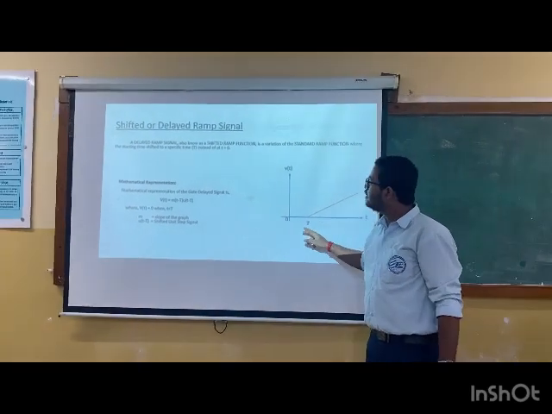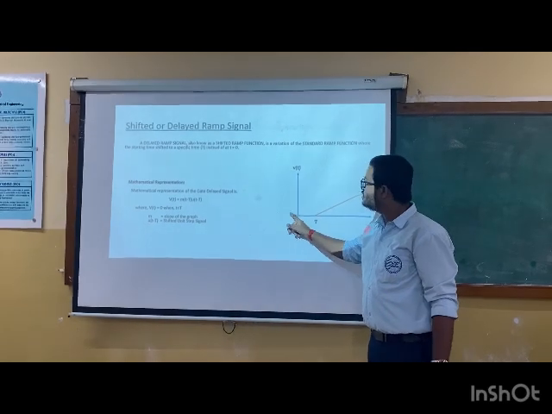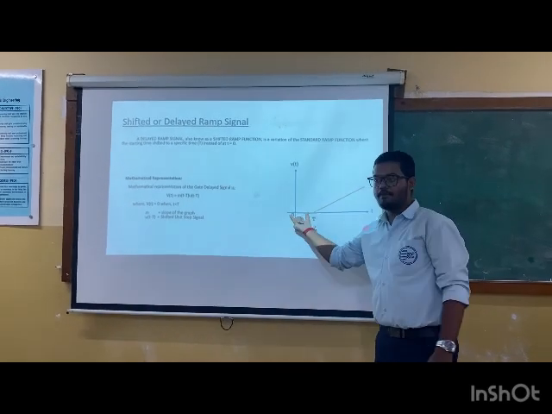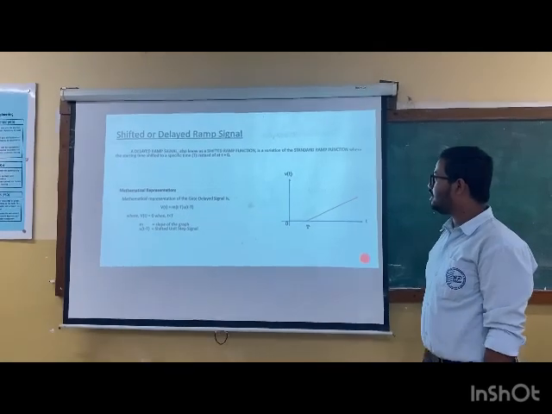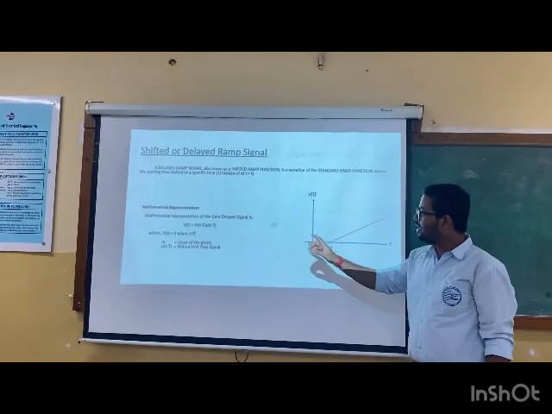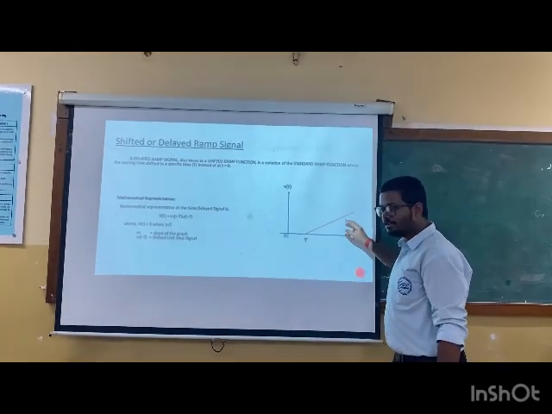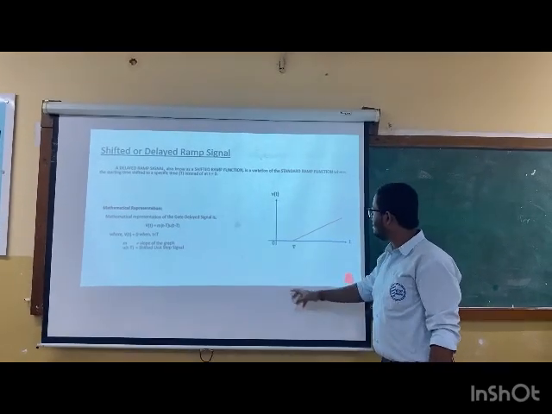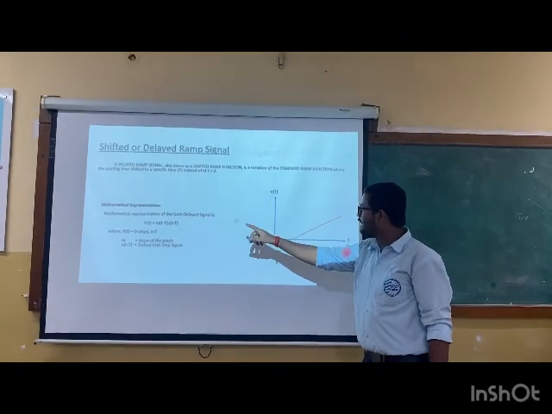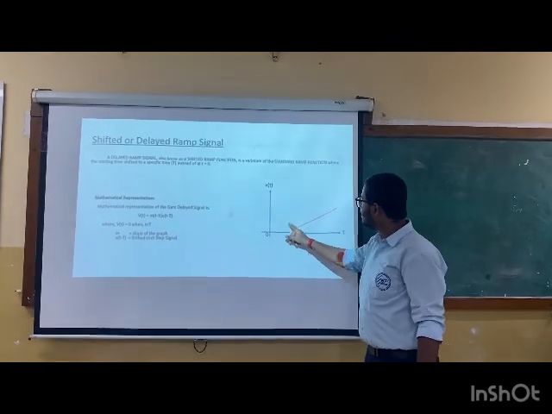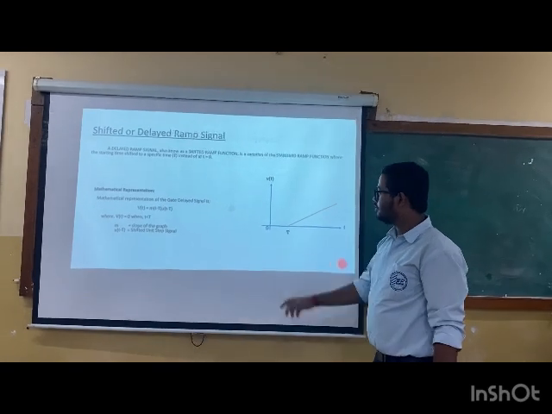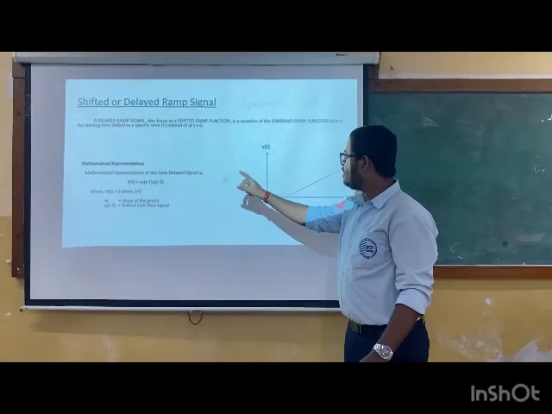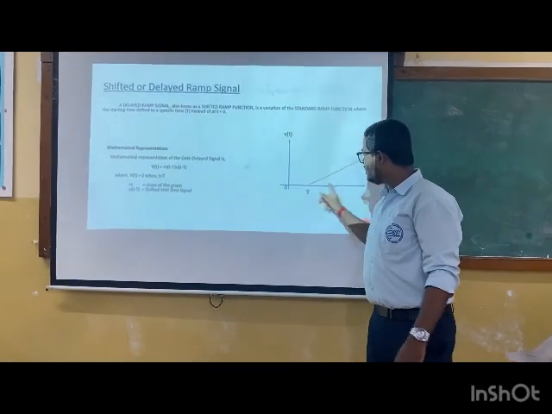There is a T instead of t equal to 0. So 0 to T is a time delay, and the mathematical representation is v(t) equal to m, the slope, times (t minus T), where small t is the total time and capital T is the delay, where the ramp is starting, into u(t minus T).